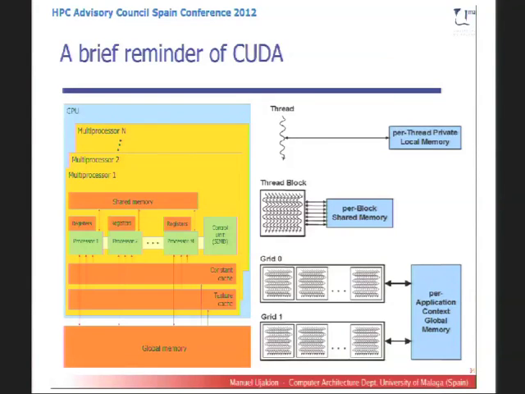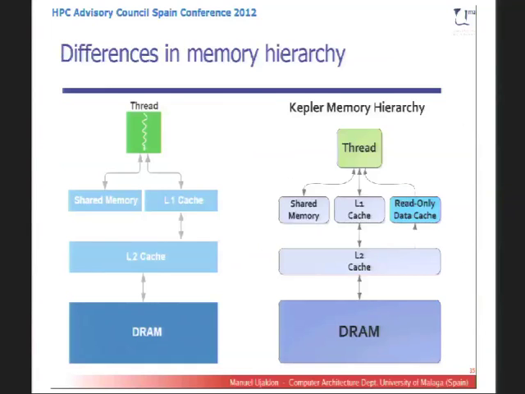Here, for a thread that you are running to be allocated on each of the streaming processors, you have your local stack, registers, and a local memory from the compiler. You have the shared memory in between, which is shared between the threads within a block. And then you have the global stack, which is the video memory right here at the end. This is, in a few words, what CUDA is about.